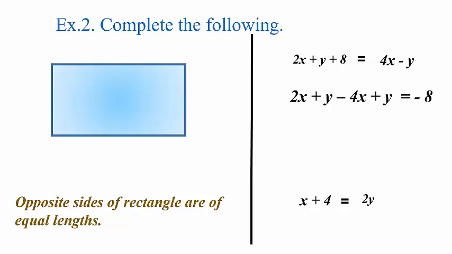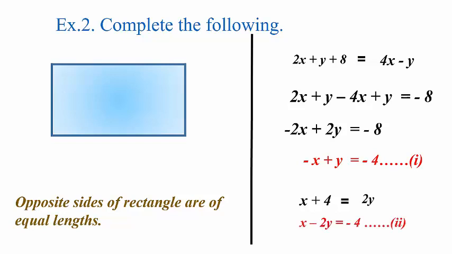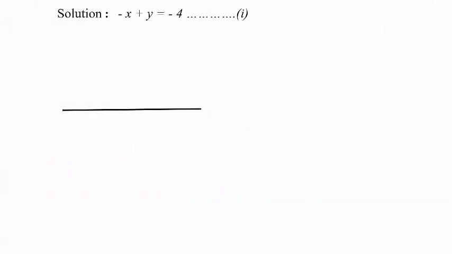And then making simplification by solving, taking variables on one side and constant terms on another side, we get the first equation as minus x plus y is equal to minus 4. Again we obtain the second equation, by taking variables on the left hand side and the constant term on the right hand side, as x minus 2y is equal to minus 4. So these are two equations from the given conditions.